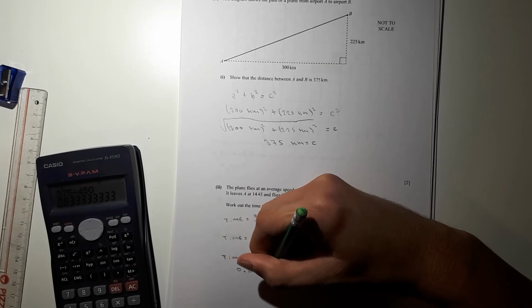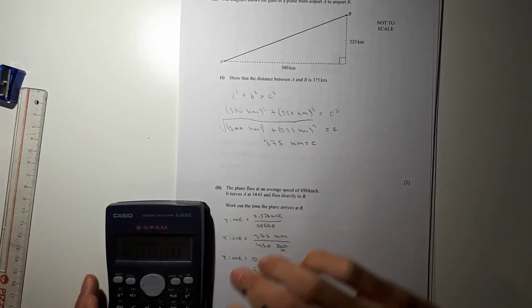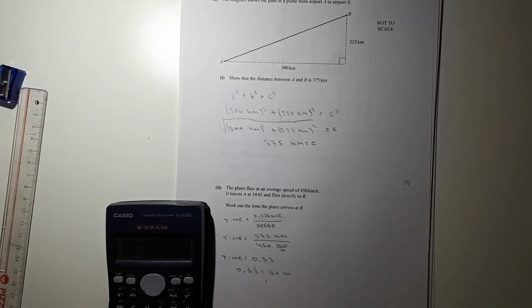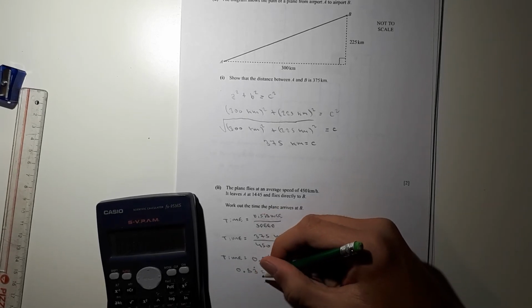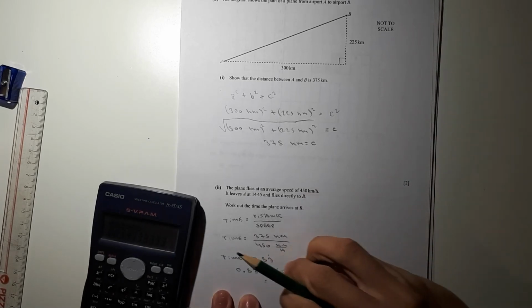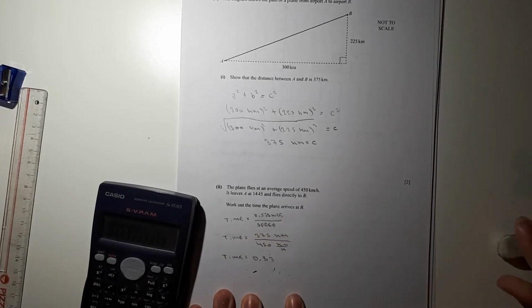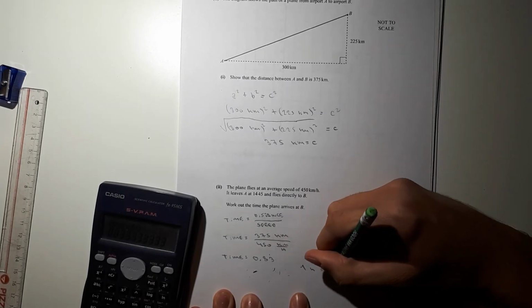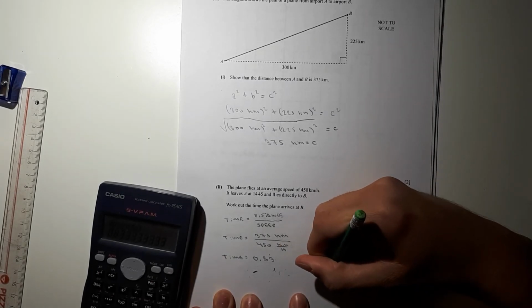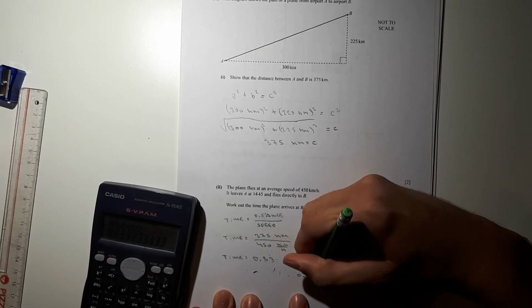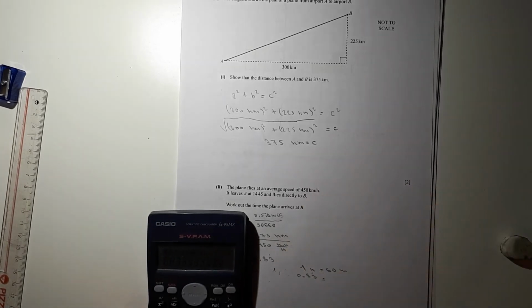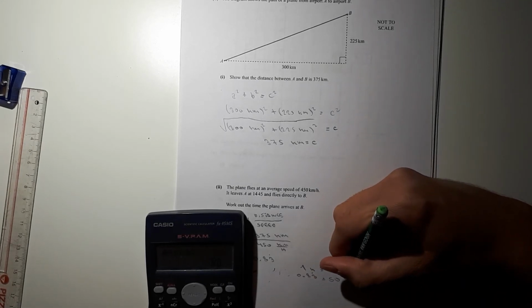So we want to know how many minutes it would be. 1 hour is equal to 60 minutes, and 0.83 is equal to, we're going to multiply it by 60, and this gives us 50 minutes.